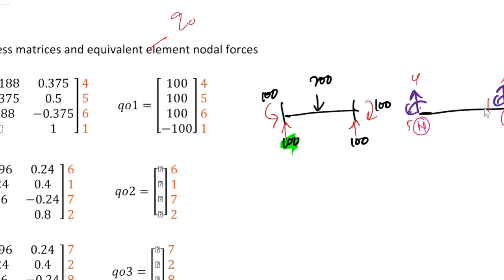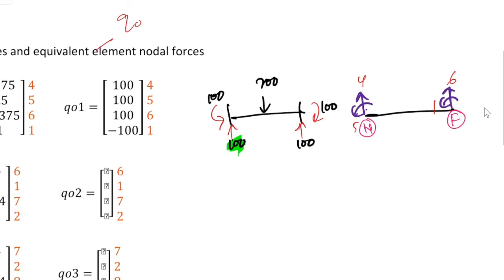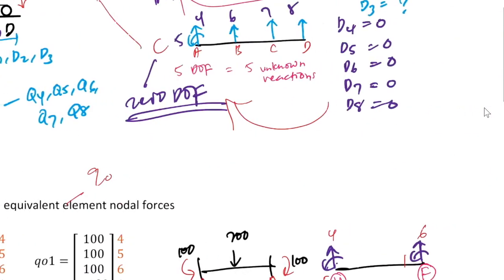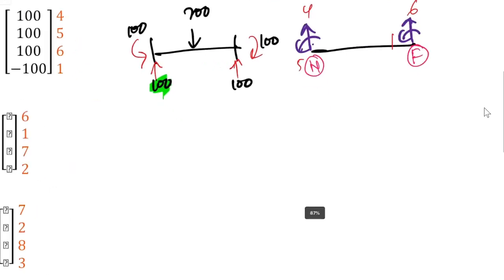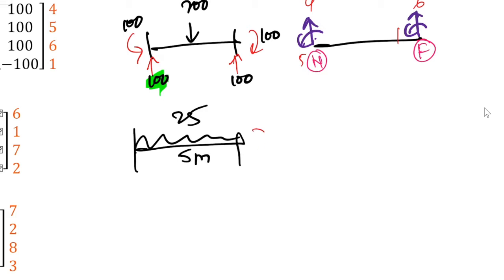Okay, now I want to continue with element number 2 or member BC. Element number 2, the member is subjected to a uniformly distributed load. So we will draw the diagram. It is UDL 25 over 5 meter. The fixed end moment acts like this, the vertical reaction acts like this.